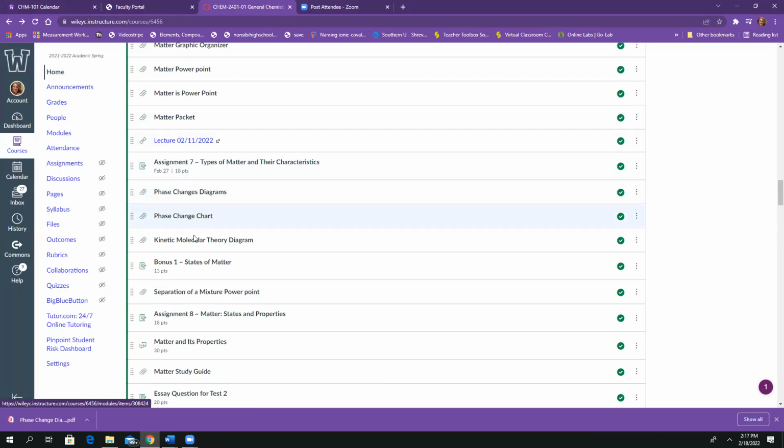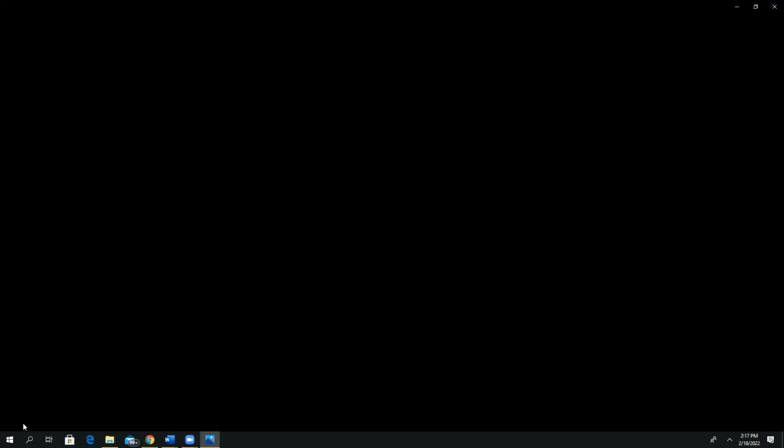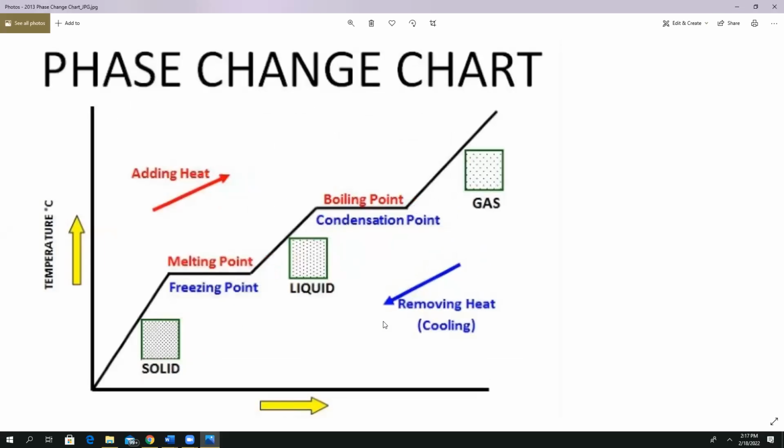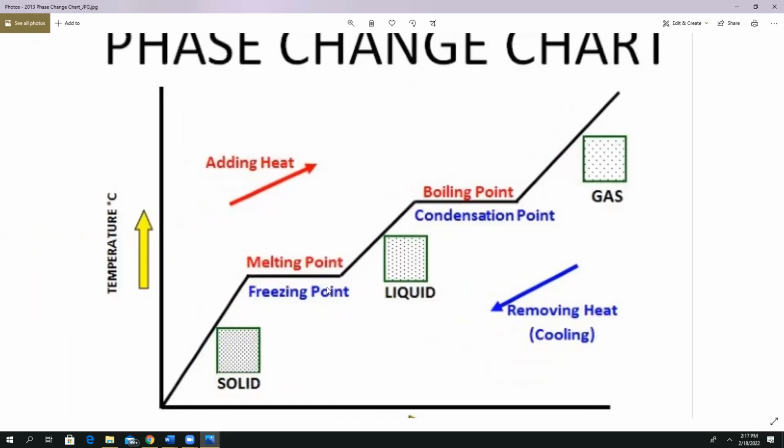The phase changes chart, I guess this is it. Yeah, this is it. Okay, so when you look at it, I'm going to make it bigger, of course. You can see this one is actually explaining more to you than the other one was.